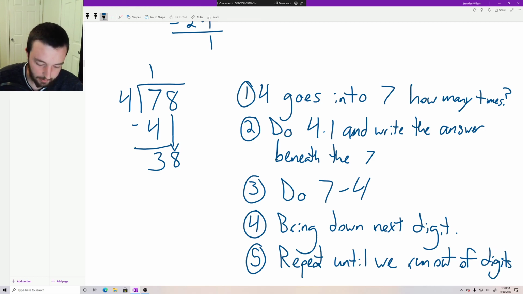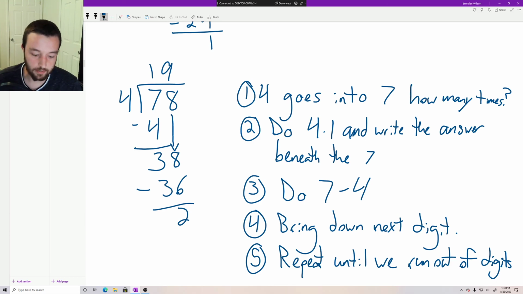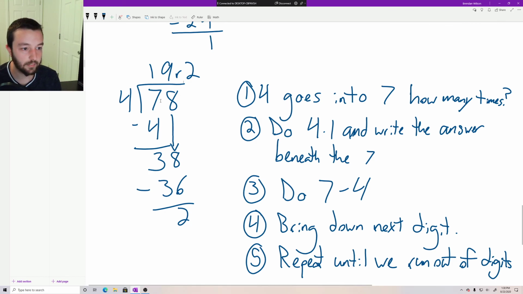Okay. So 4 goes into 38 9 times. 9 times 4 is 36. So we get 2. So this is our answer. It's 19 with a remainder of 2. Okay. If we had more digits, we would just keep going until we run out of the digits.